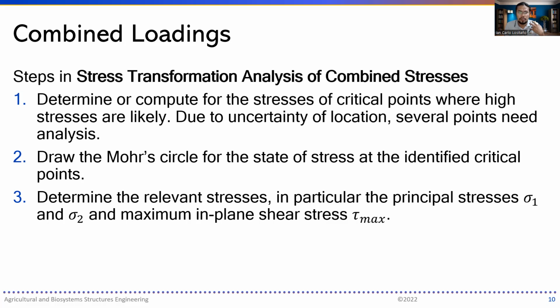Then the Mohr circle for those identified critical points should be determined. And lastly, the relevant stresses should be determined, in particular the normal stresses and the principal stresses sigma 1 and sigma 2, and the maximum in-plane shear stress.